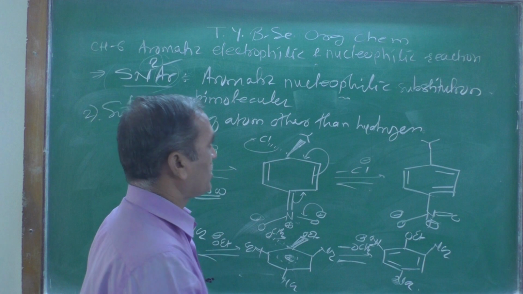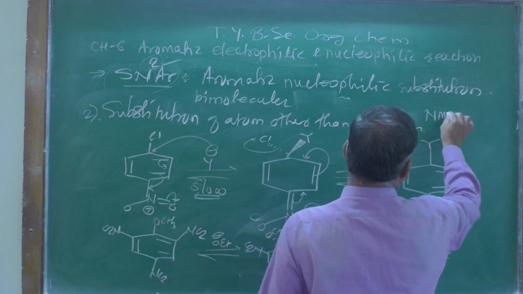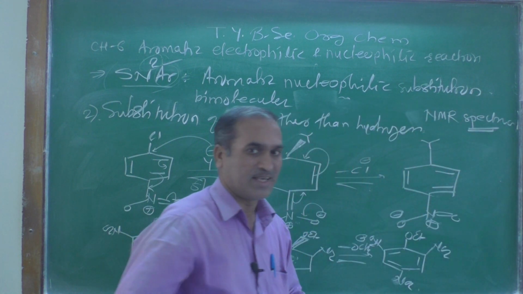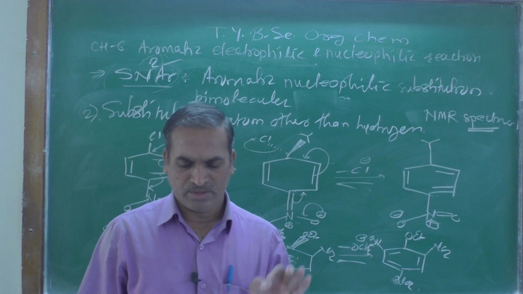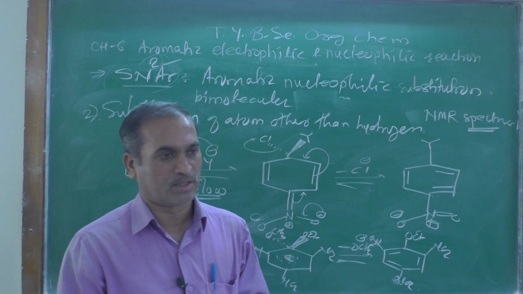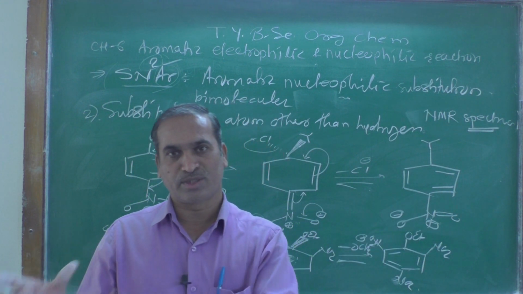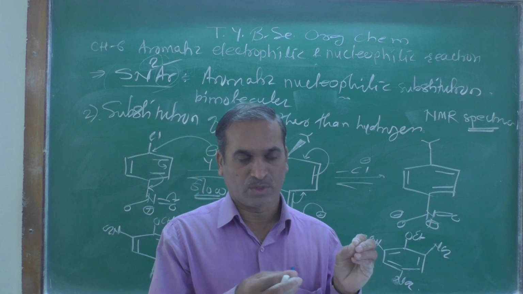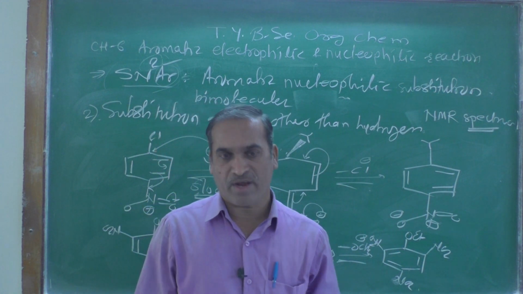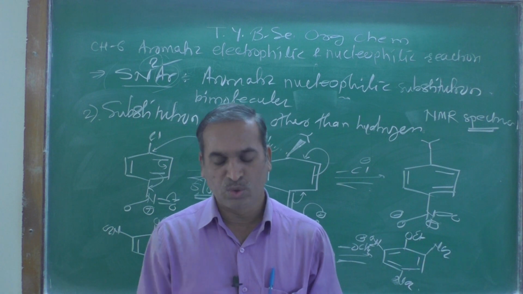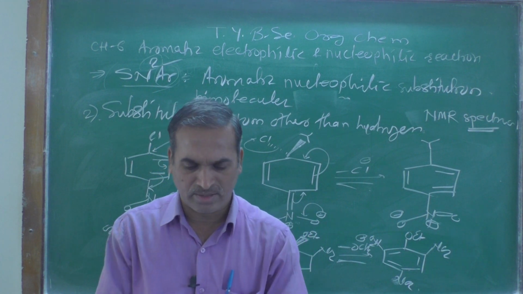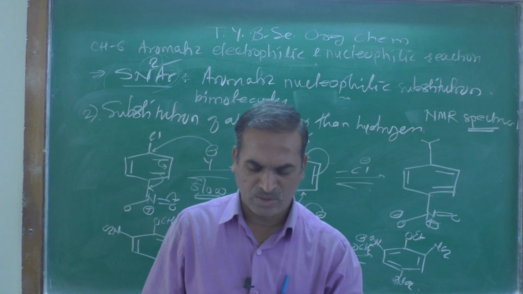This supports the intermediate, and how do you confirm this? By using NMR spectroscopy. We are going to learn NMR spectroscopy in the next semester, but here, just to confirm the structure of this compound, there are some modern techniques we can use: one is NMR spectroscopy, another is X-ray diffraction. By using these two techniques we can isolate and characterize such a compound.